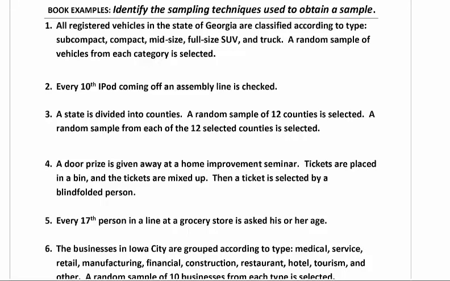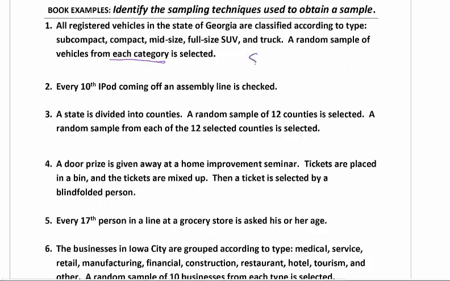Number 1, all registered vehicles in the state of Georgia are classified according to type: subcompact, compact, midsize, full-size, SUV, and truck. A random sample of vehicles from each category is selected. This is a grouping, so we know it's either going to be cluster or stratified. The key here is that we are selecting from each group.